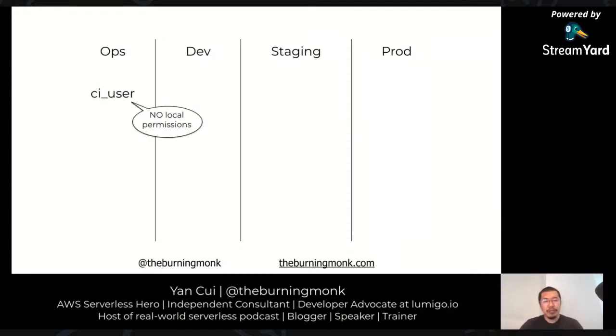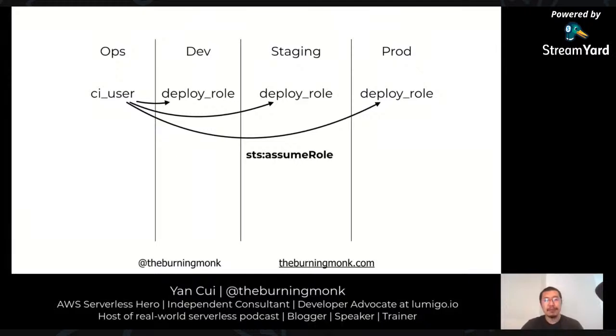And then what you can do is create a dedicated ops account where you run all of your ops or security monitoring tools, such as AWS Config, Security Hub, and things like that. And you set up a CI user which has no local permissions in that account. Basically, you have a flat out deny on all actions in that ops account.